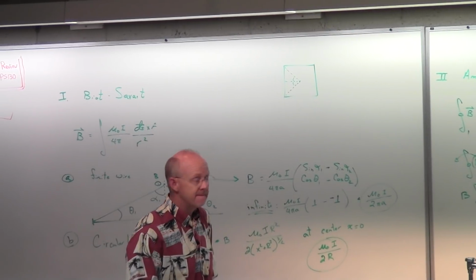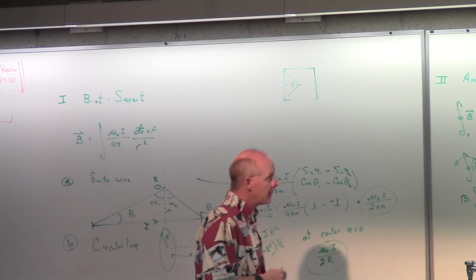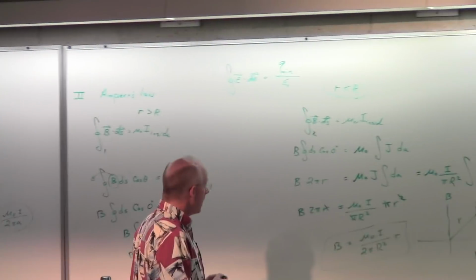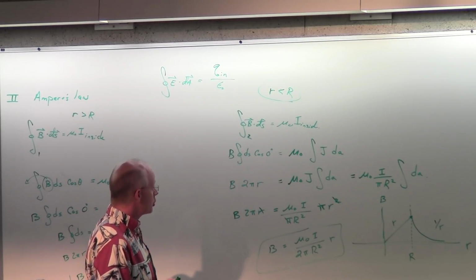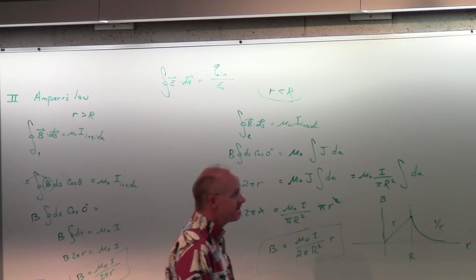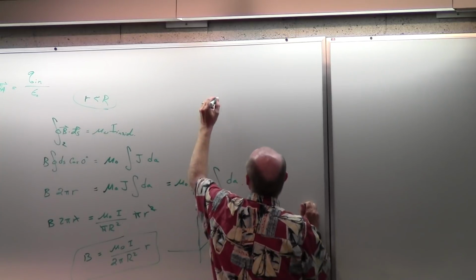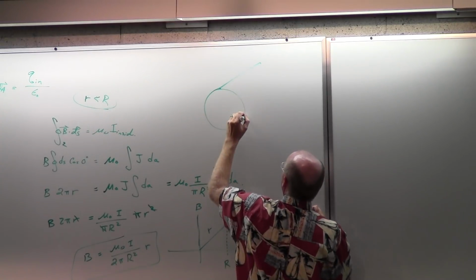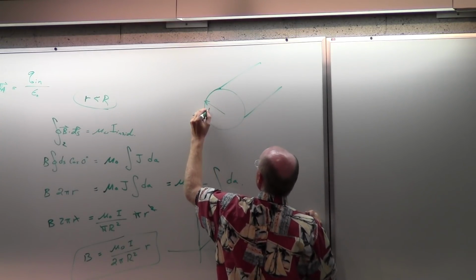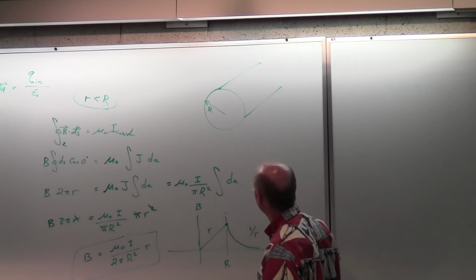Yeah? The dA is the change in area of the surface? The dA, let me see if I can draw it here. Here's the wire, radius capital R, okay?